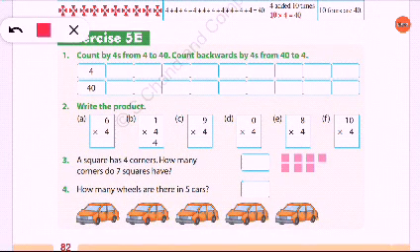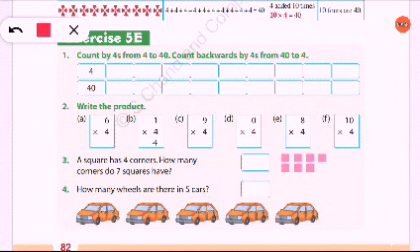Now see, count by 4s from 4 to 40. Count backwards by 4s from 40 to 4. Just like you have done before in the questions, you have to count the table of 4.